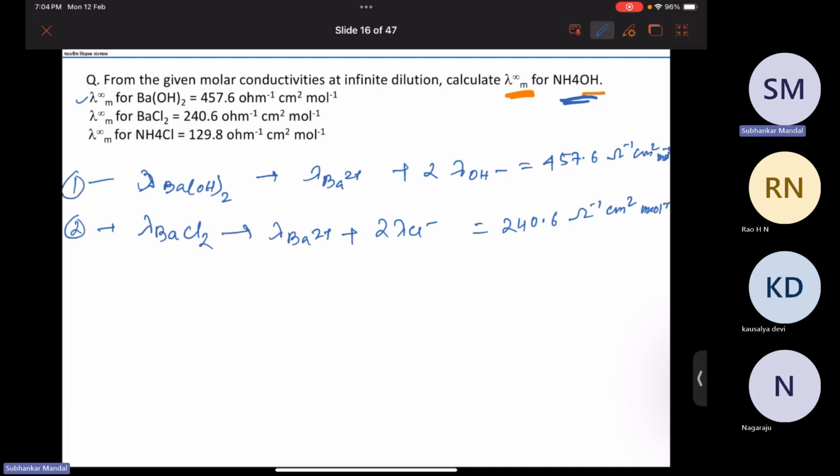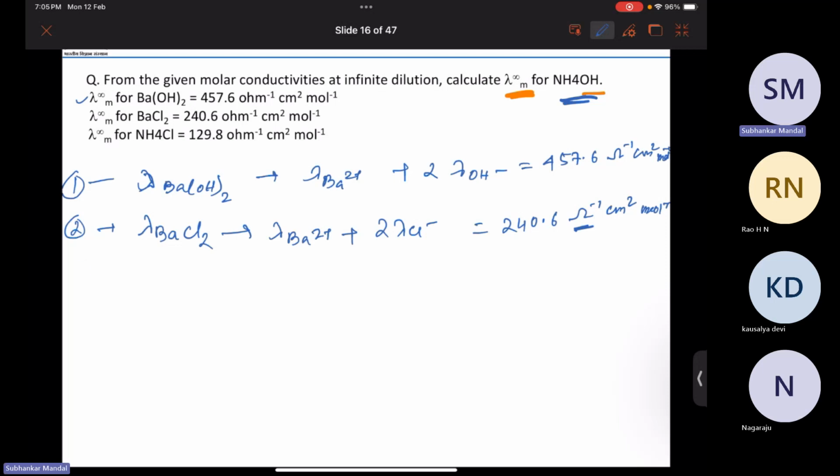Basically somewhere it is given as Siemens. Siemens is the inverse of ohm, so that is the unit of conductivity. Somewhere it is given as Siemens, somewhere as ohm inverse, so no need to get confused, it is basically the same thing.